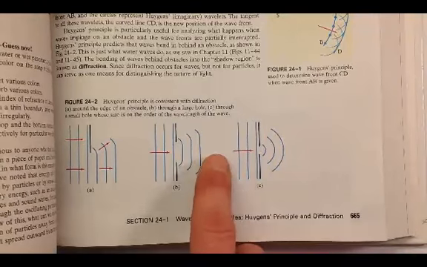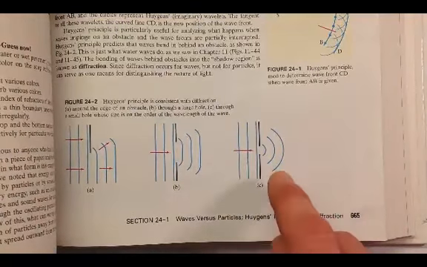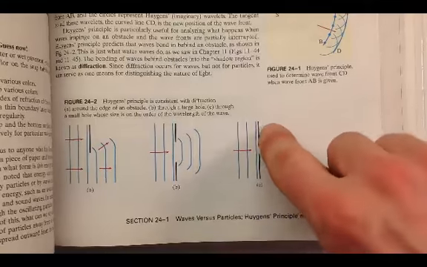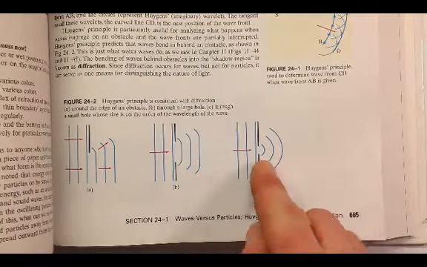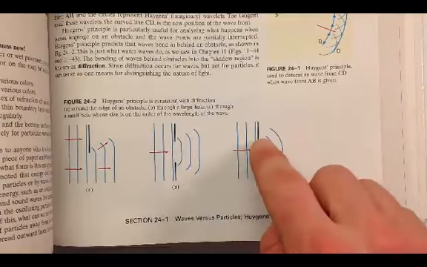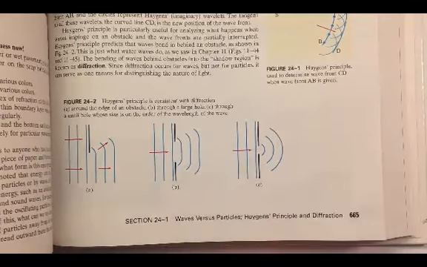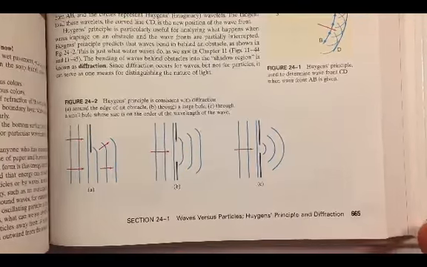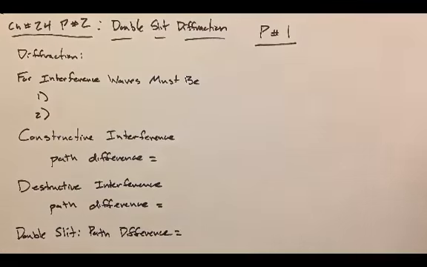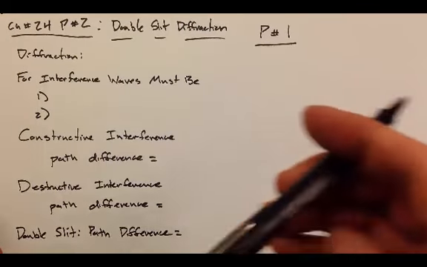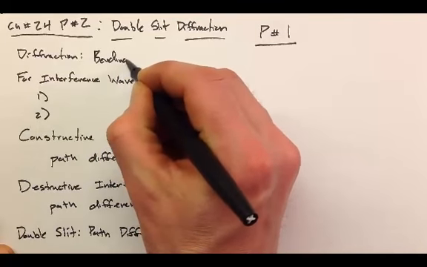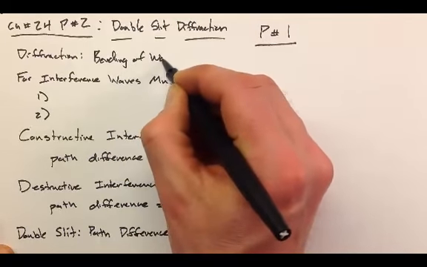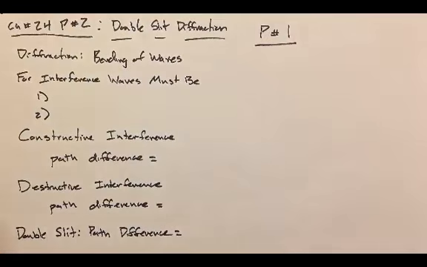So theoretically, when waves go through an opening, they shouldn't be able to make it into the shadow regions, as your book calls it, but they do, because the waves bend as they go through an opening. So diffraction is the bending of waves as they pass through an opening.